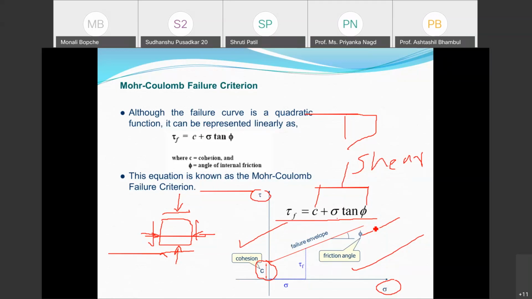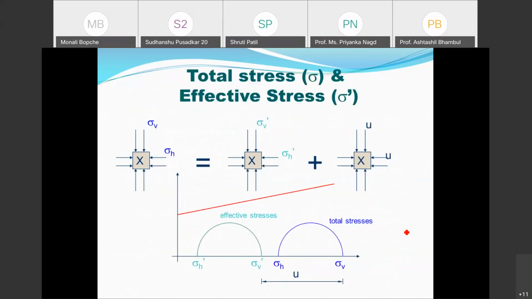If it is pure sand, with no clay and silt component, there will be no cohesion, so C will be 0, and tau will be equal to sigma tan phi. In the other case, if my soil is purely clay soil, with no sand particles, then phi will be 0, so tau F will be equal to C. You should understand this basic principle.